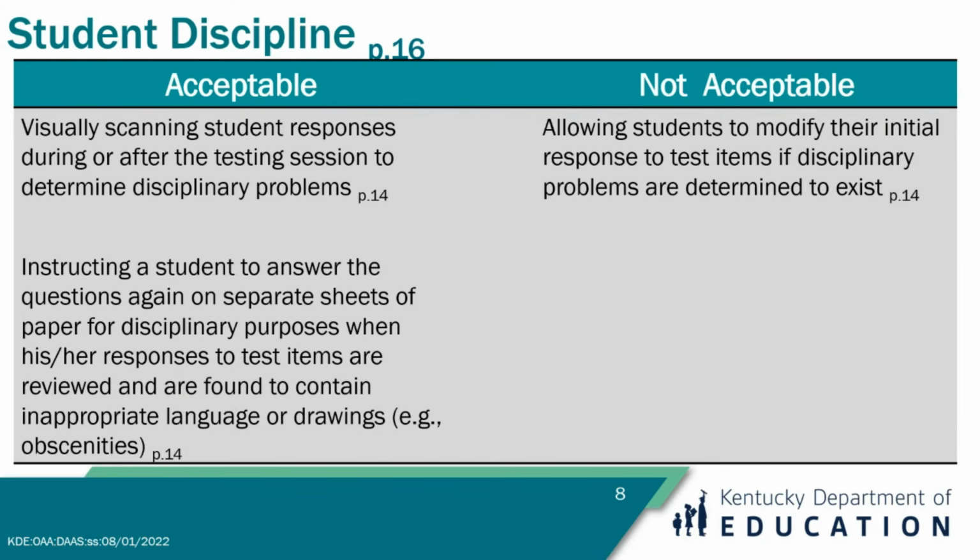The paper on which the retaken item is answered should be considered a secure material and shredded along with scratch paper. No changes may be made to the original response recorded in the student response booklet or online text box. Only a school administrator should be handling this type of situation.